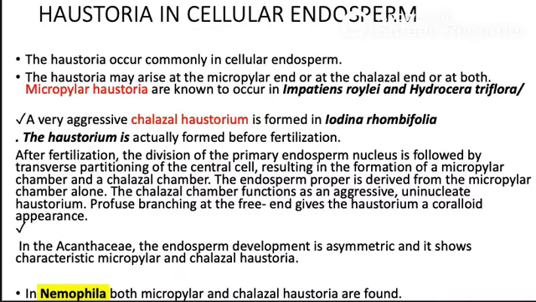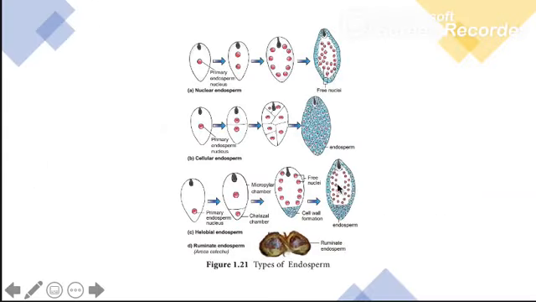So to conclude, in cellular endosperm, unlike the nuclear endosperm, what is the difference that you find? Well, unlike the nuclear endosperm, in the cellular endosperm the free nuclei are totally absent, whereas in nuclear endosperm, free nuclei are present.